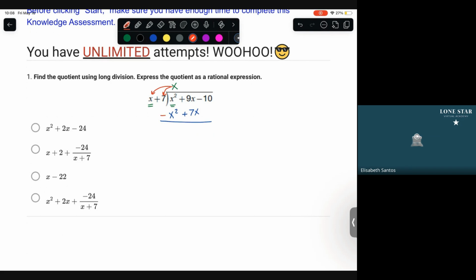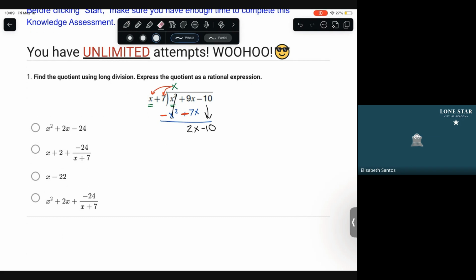And we have to change the signs of the first term here and the second one. And then we're just going to add vertically. So x squared minus x squared is 0, so they cancel. 9x minus 7x is 2x. And then we're going to drop down that minus 10.